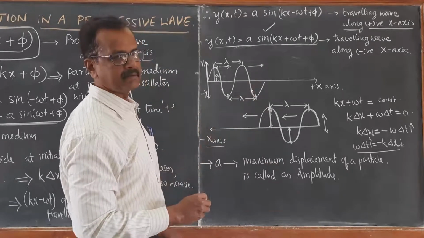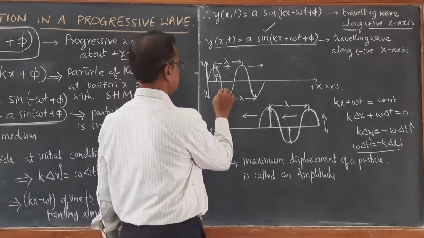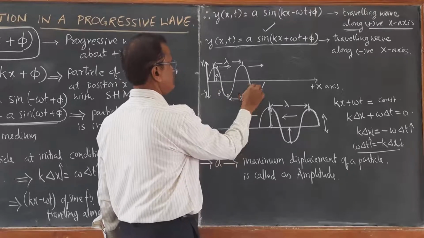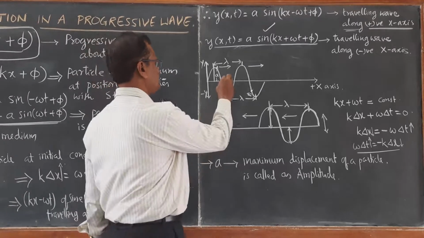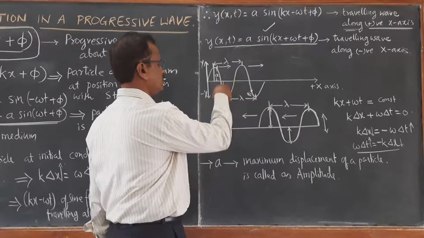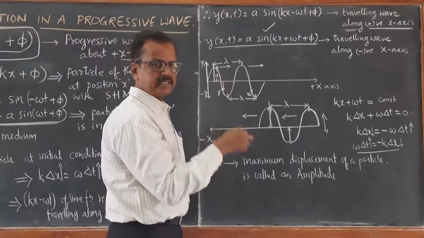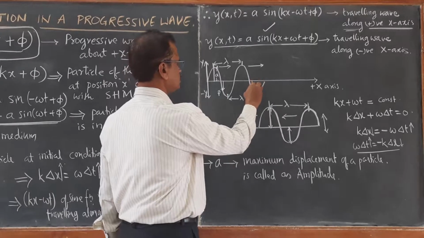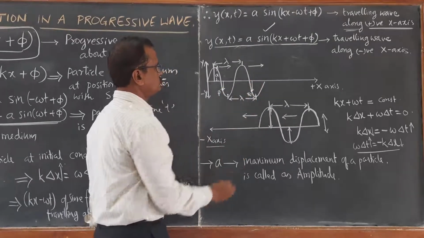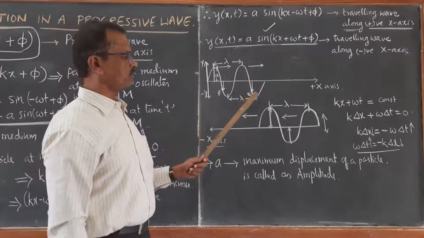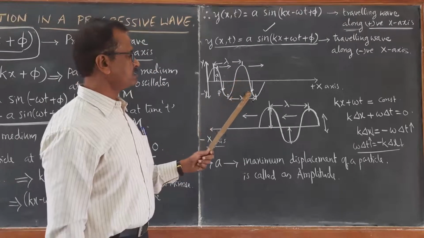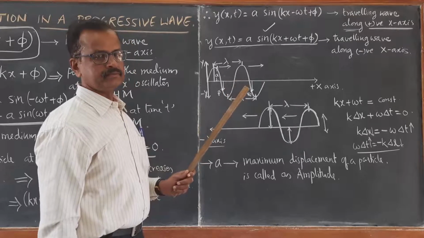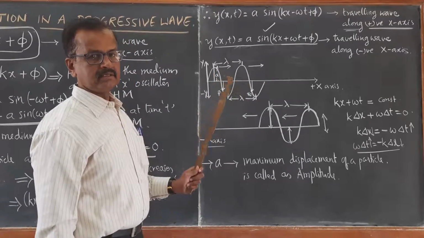Suppose this is P and this is Q. So P and Q are in the same state of vibration, having a tendency of getting displaced vertically downwards. The distance between two particles which are in the same state of vibration is called the wavelength.